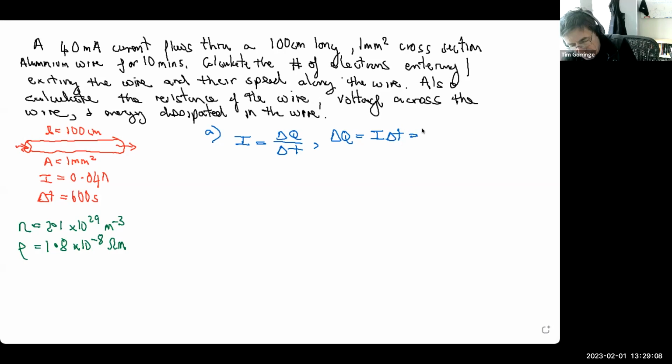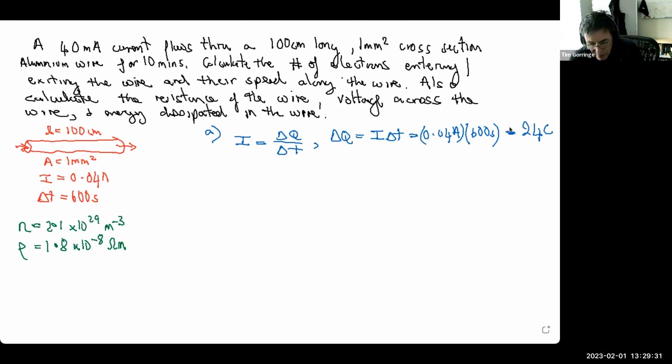And I know both of these. It's 0.04 amps for the current, and it is 600 seconds for the time. And if I multiply these, that's 24 coulombs. 24 coulombs of charge flowed along the length of the wire during that 10-minute period.